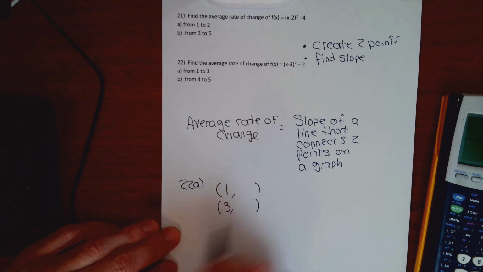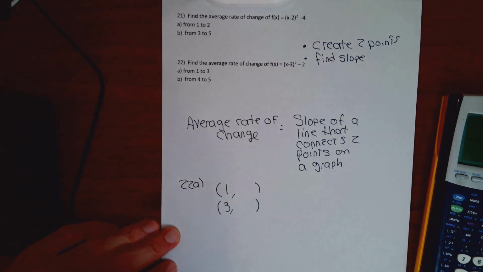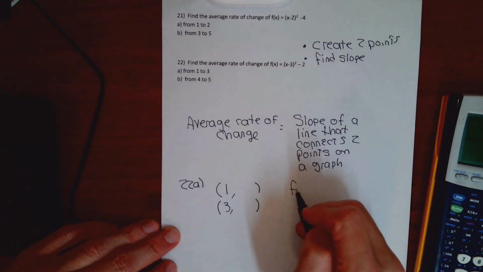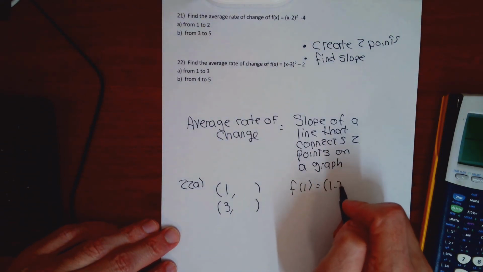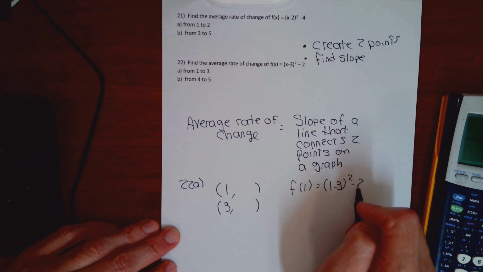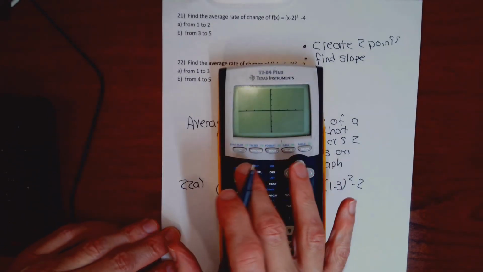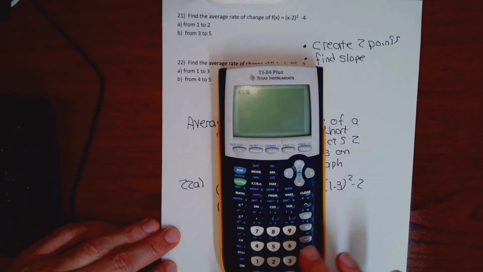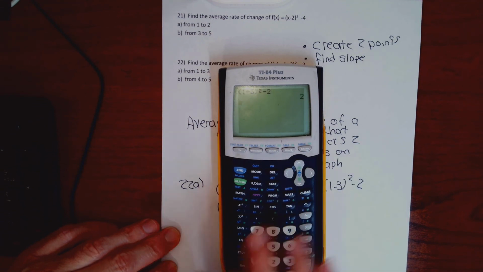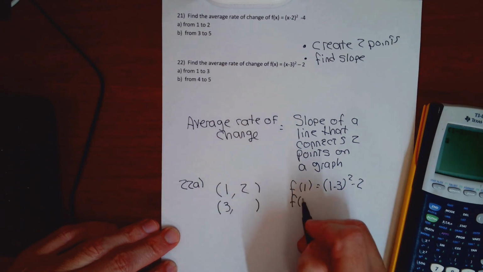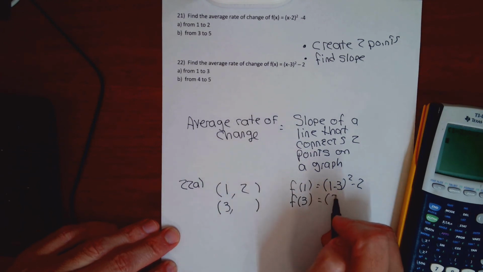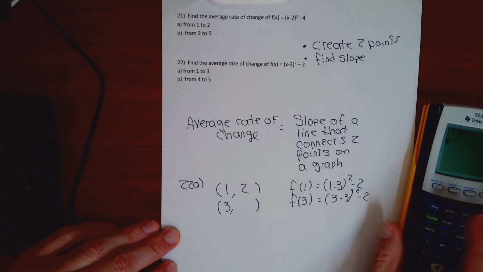I can get the y's by hand. The first y, I can go f of 1, plug 1 in, is 1 minus 3 squared minus 2. Don't want to make a mistake this deep into a video, so let me do 1 minus 3 squared minus 2. My first y should be 2. My second y is going to be 3 minus 3 squared minus 2.